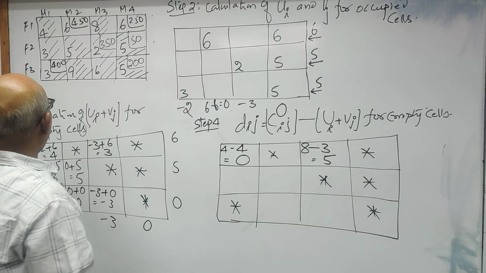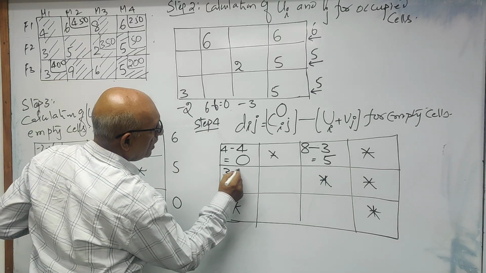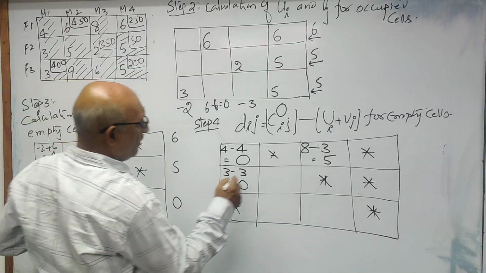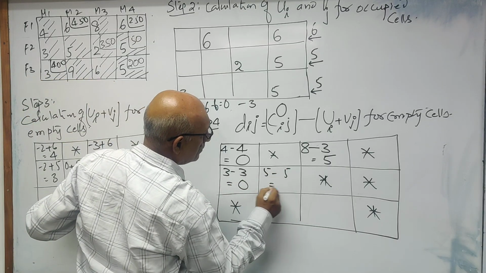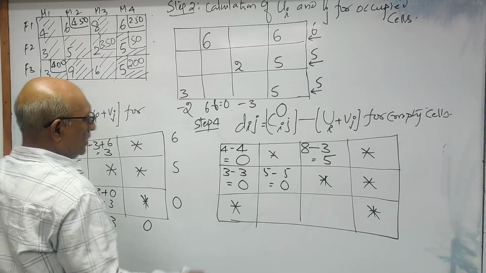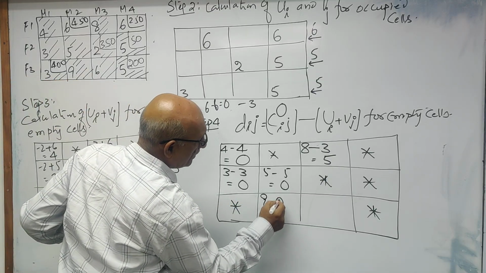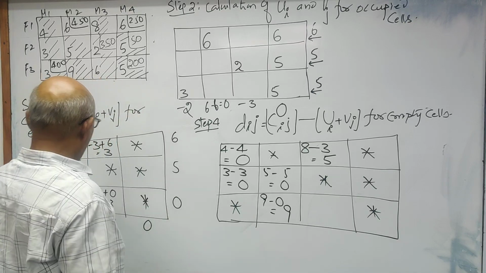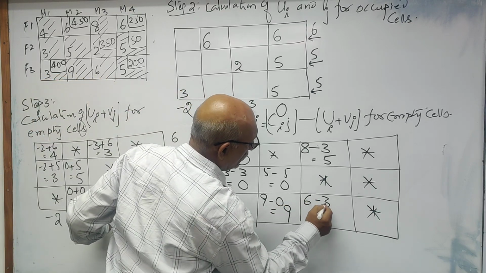Come to the second row, first column. 3 minus 3, 0. 5 minus 5, 0. Third row, second column, 9 minus 0, 9. 6 minus 3, this is 3.